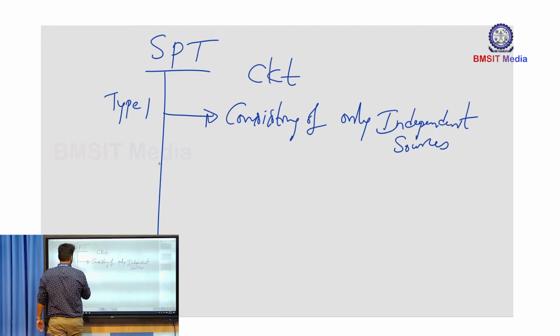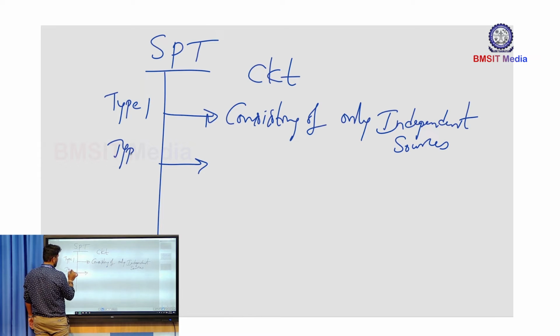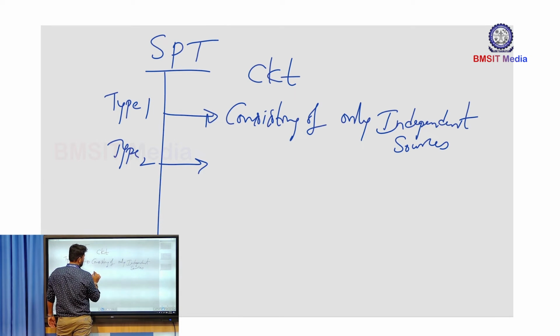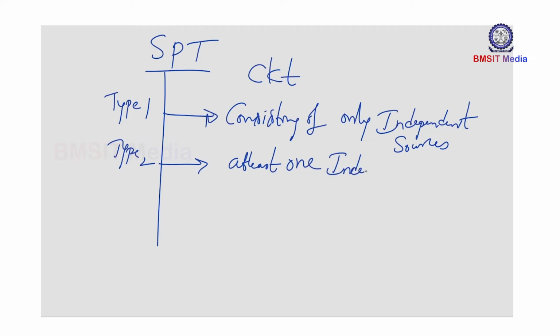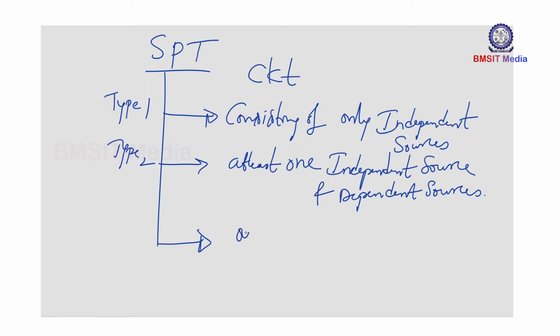The second category is the circuit consisting of at least one independent source, even can be more than one independent source, and dependent sources. And the third category is the circuit consisting of all dependent sources. This is type 3.